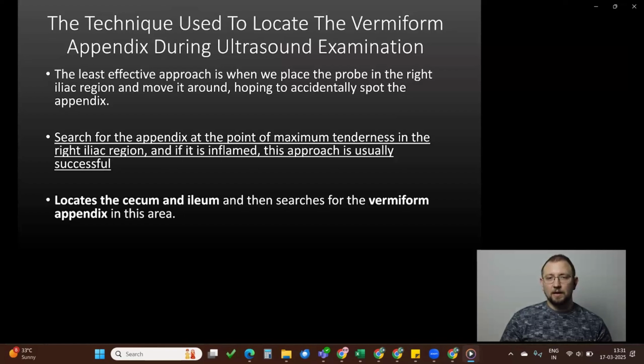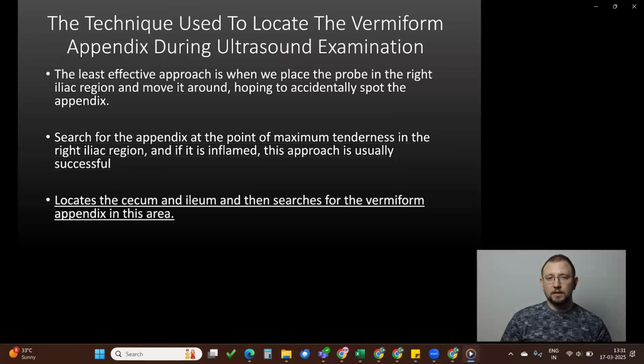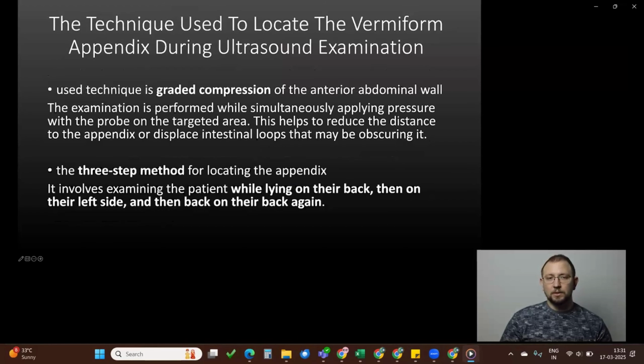A more consistent and effective approach is when the physician first locates the cecum and ileum and then searches for the vermiform appendix in this area. A widely used technique is graded compression of the anterior abdominal wall, where the examiner simultaneously applies pressure with the probe on the target area.